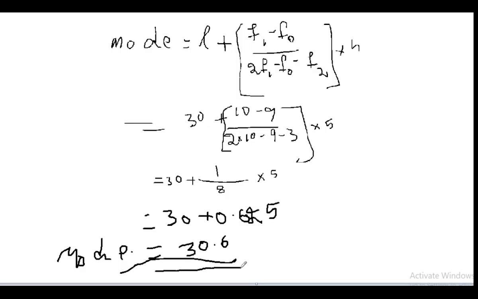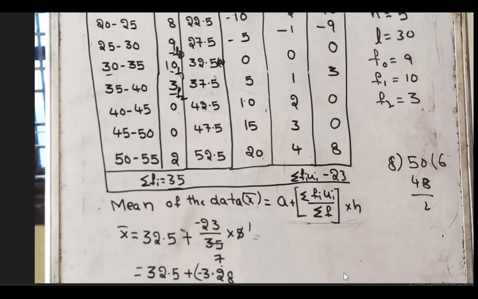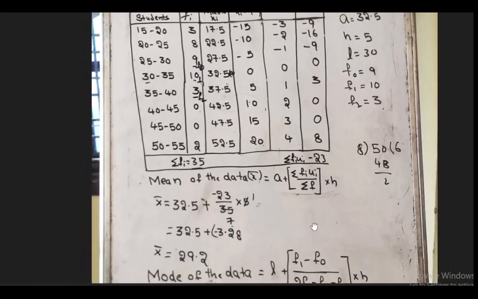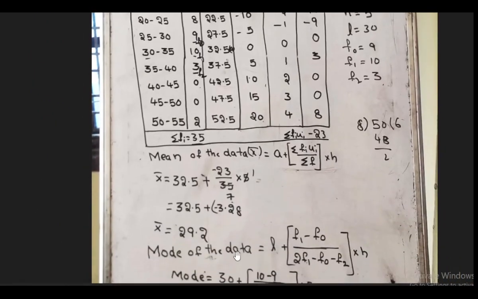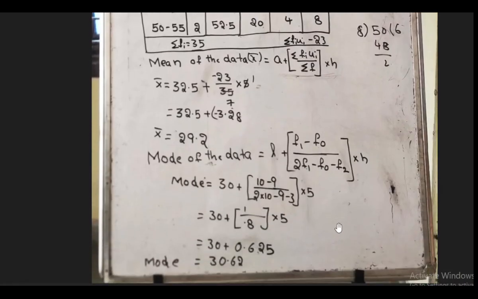That is the mode of the student teacher ratio in all the given states. So we have found the mean and the mode of the given data. The mean we observed as 29.2 and the mode we observed as 30.62.